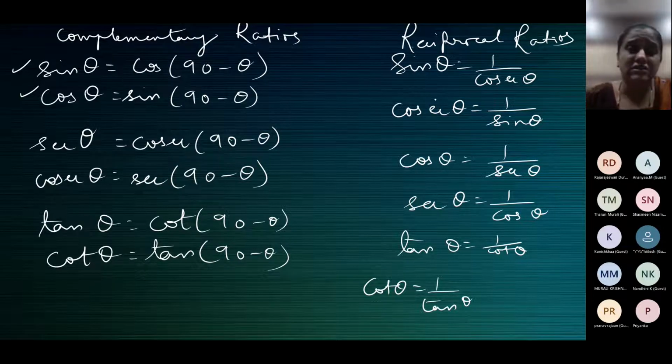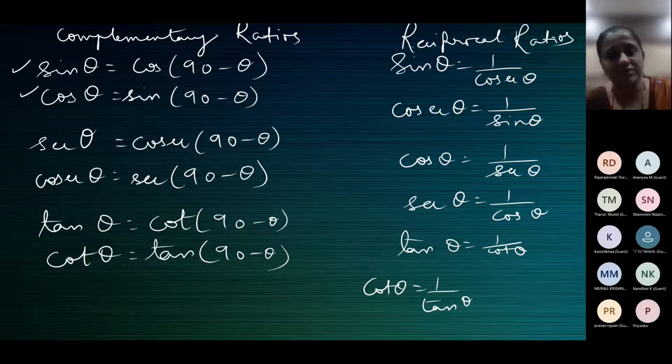So see, sin theta is not equal to cosecant theta. Like 5 is not equal to 1 by 5. The reciprocal of 5 is 1 by 5, but 5 is not equal to 1 by 5.